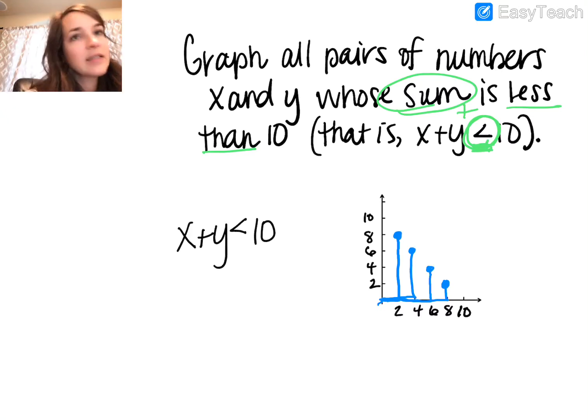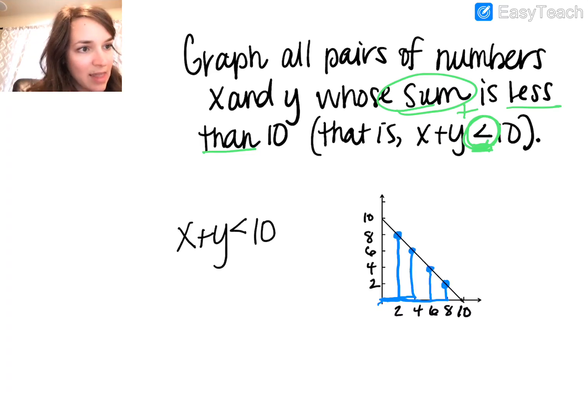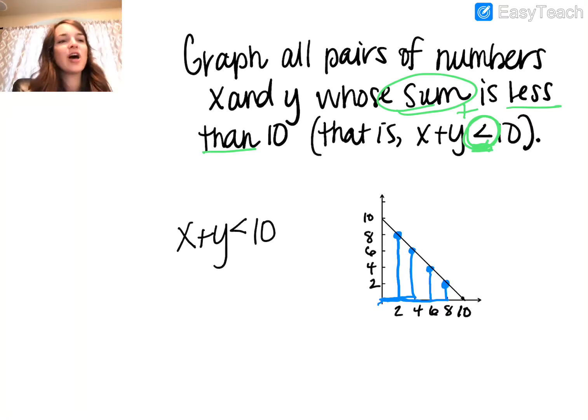Now notice that all of those little dots that I just made, if I were to connect them, form a straight line. So the first step here is to form your line. I've written these 3 steps down on the next slide, so you don't have to write them down yet, but the first step is to graph the line using what you know.